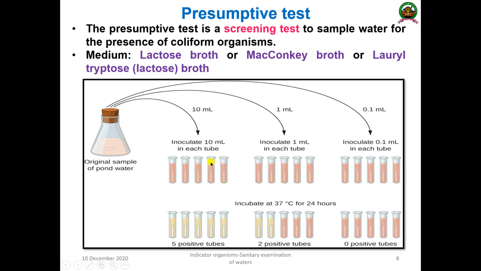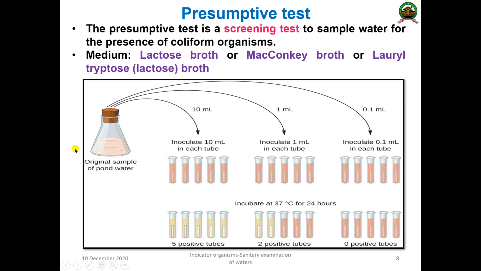Okay, so now this is the first day procedure. 3 sets of 5 tubes. First 5 tubes consisting of 10 ml medium. Second 5 tubes 9 ml medium. Third set 9.9 ml medium.